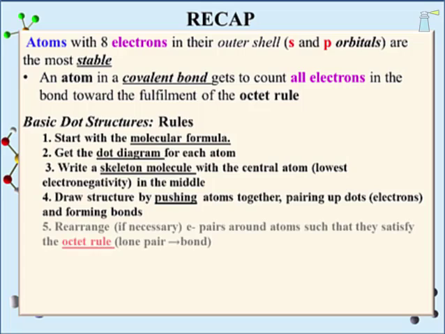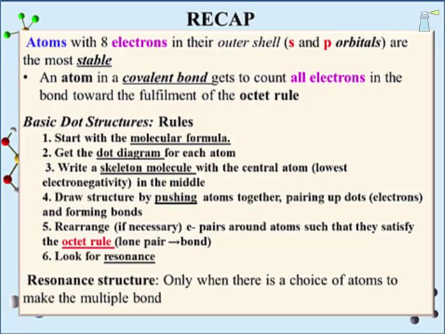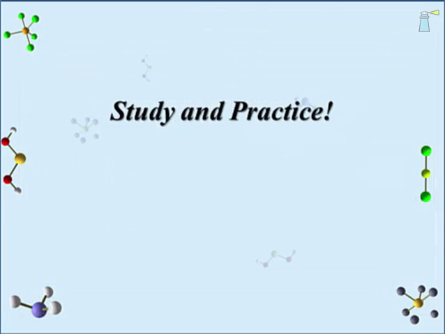Then it's on to the octet rule, where electron pairs are rearranged if necessary. And finally, we look for resonance. Resonance structures only occur when there's a choice of atoms to make the multiple bond. And that completes our lecture. Dot diagrams require practice. Follow the same procedure for every structure.